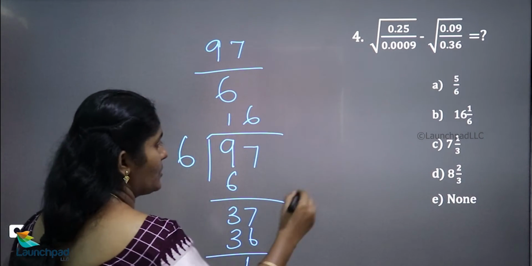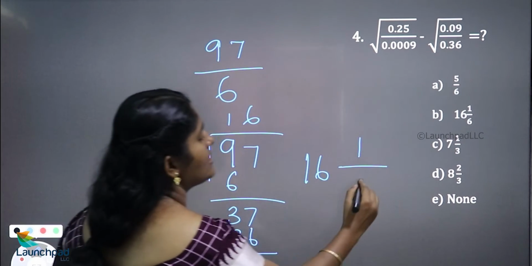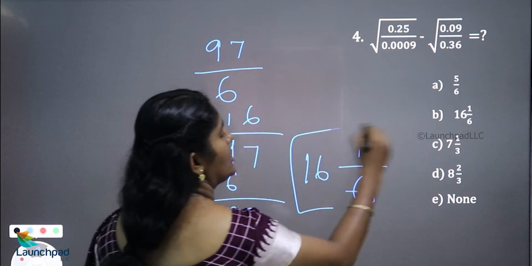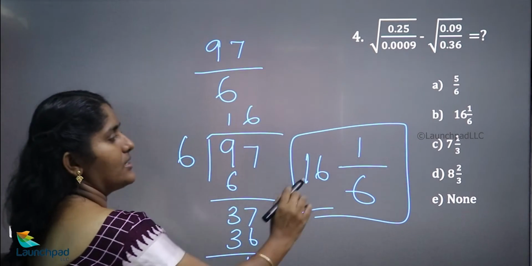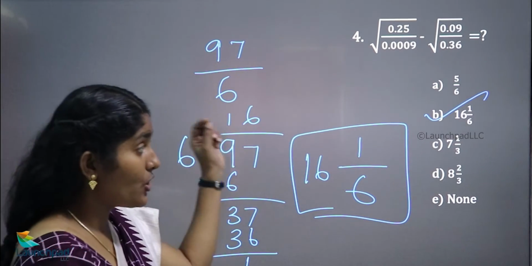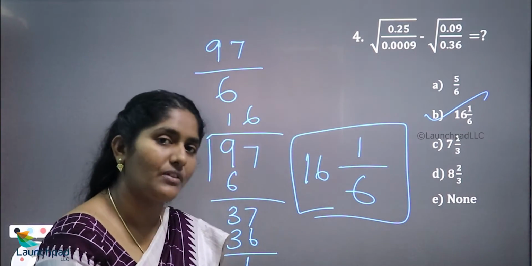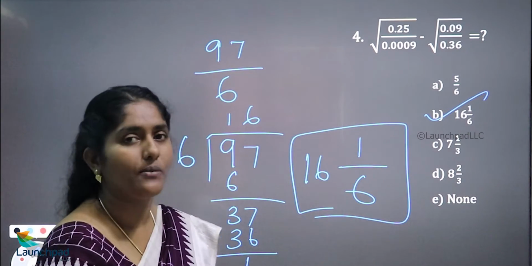So I write the quotient, then the remainder over the divisor 6. So 16 1 by 6 is your answer. Based on your options, you convert the answer into a decimal value or a mixed fraction. It depends upon your option.